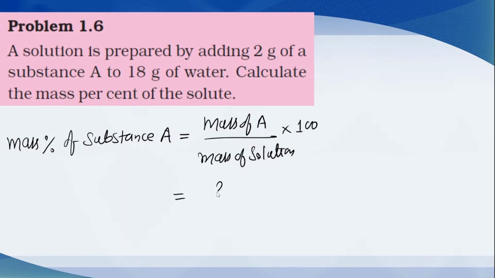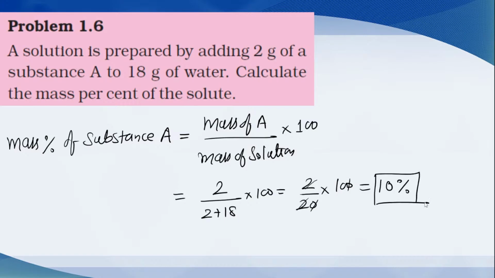Mass of A is 2 and mass of solution is 2 plus 18, so 2 over 20 into 100. So it is 10%. Very good. That's it. Next question.